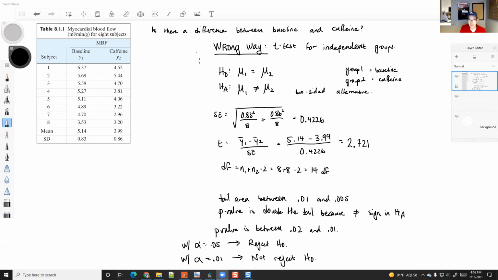All right. But again, this is the wrong way. So what is wrong about this approach? This approach is wrong because we're treating the two groups as being completely independent from each other.